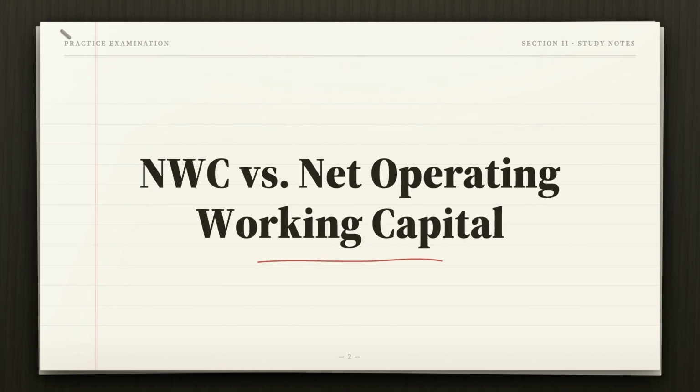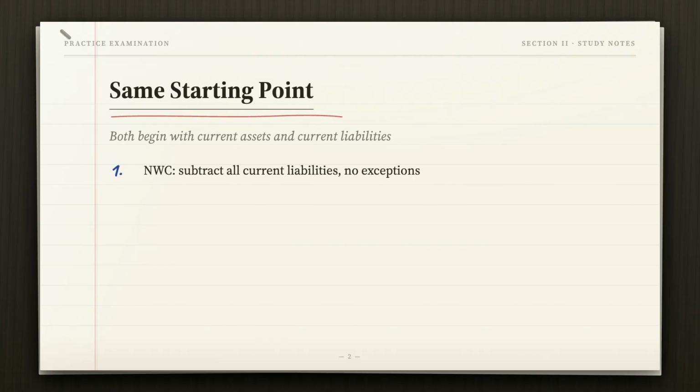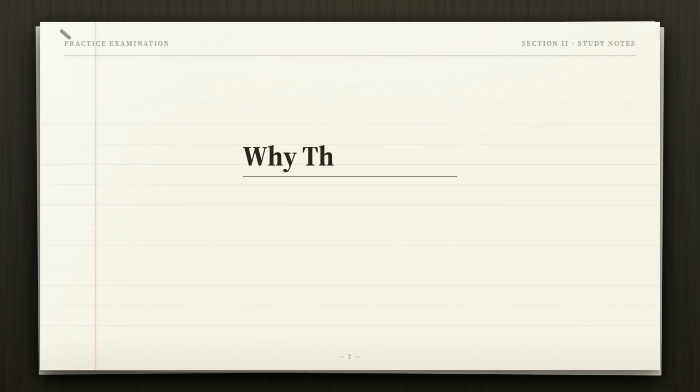Net working capital and net operating working capital sound alike, but they're built differently and rarely give the same number from the same balance sheet. Both measures start from current assets and current liabilities. Net working capital subtracts every current liability, no exceptions. Net operating working capital first strips out notes payable and excess marketable securities and only then subtracts.